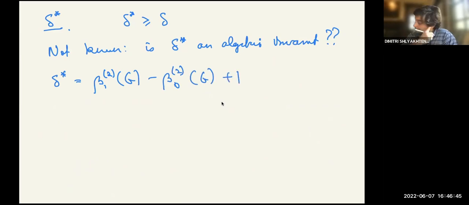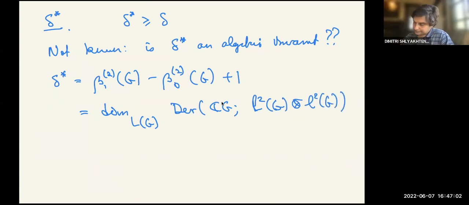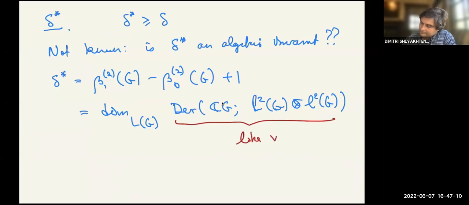It has this formula, which actually is the same thing as the dimension over the group von Neumann algebra of the space of derivations from the group algebra into L2 of the group, tensor L2 of the group. Notice this is a bit like vector fields. And so this is a bit like saying that for a nice smooth case, this kind of entropic dimension is the dimension of the tangent space.